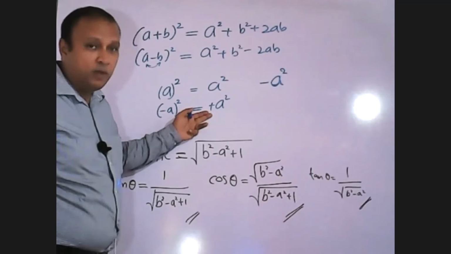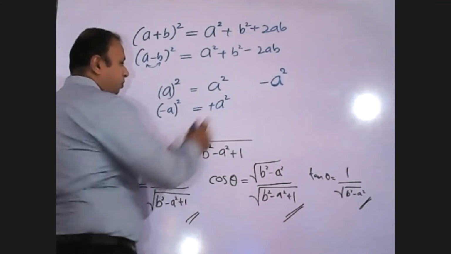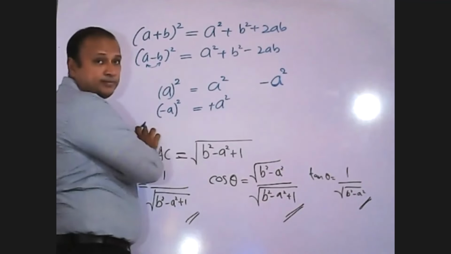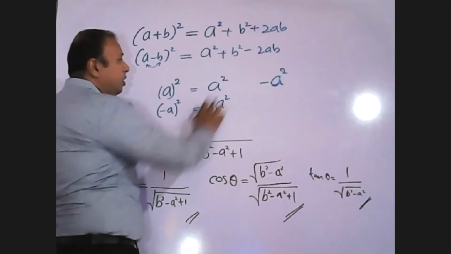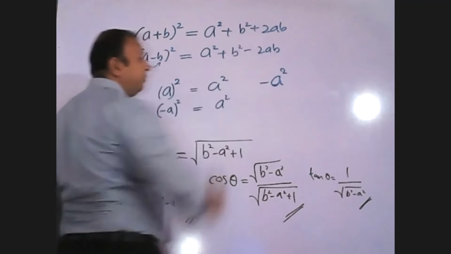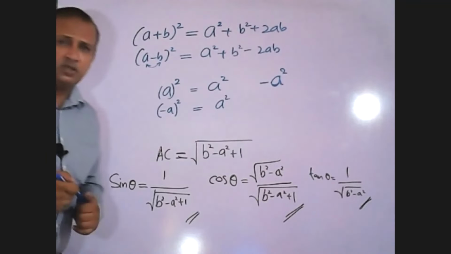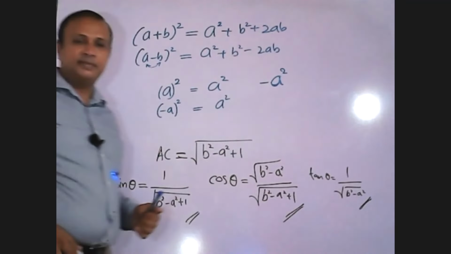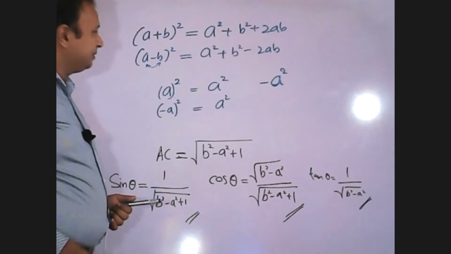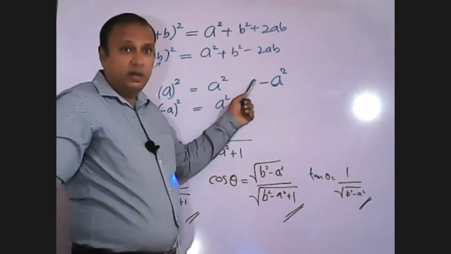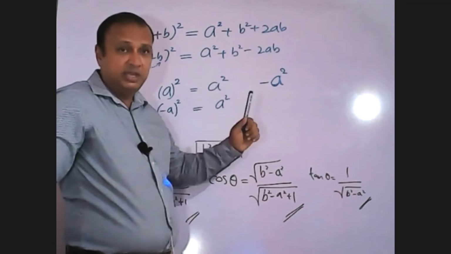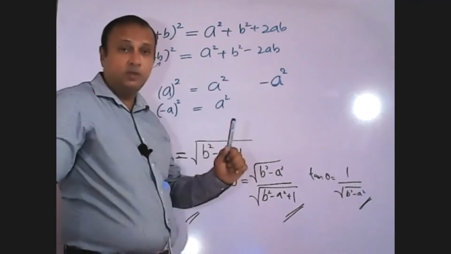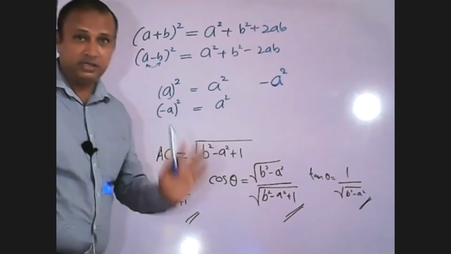So you can take the positive square root of this one, but you cannot take a square root of this one, because this is a negative value. The first thing is you cannot take a square root of a negative value. That is the first thing.